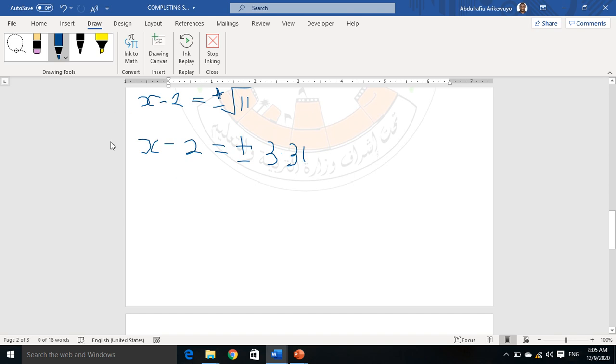Okay, now the next thing I do is to take plus 2 minus 2 to the other side. But before I do that, I want to find the two roots, that is the x1 and the x2. So my x1 will be equal to, remember I'm taking minus 2 to the other side, then I will take the plus, so equals to 2 plus 3.31.